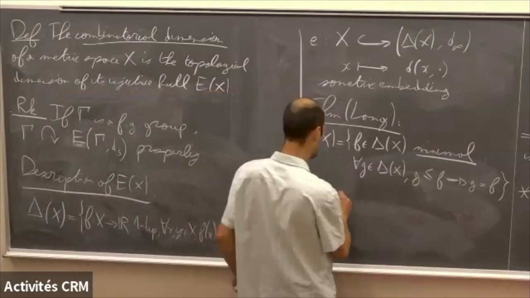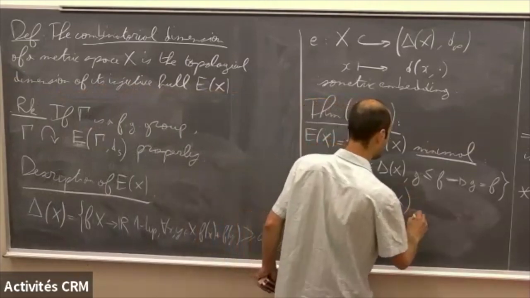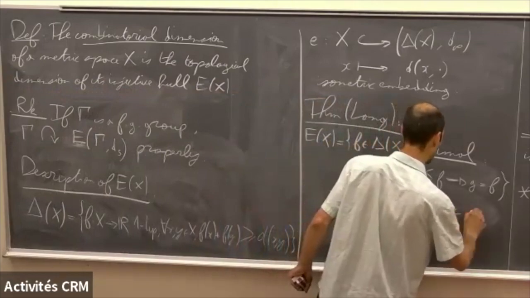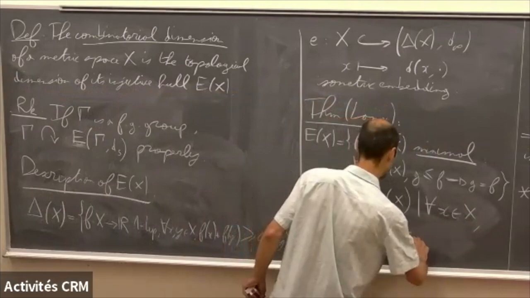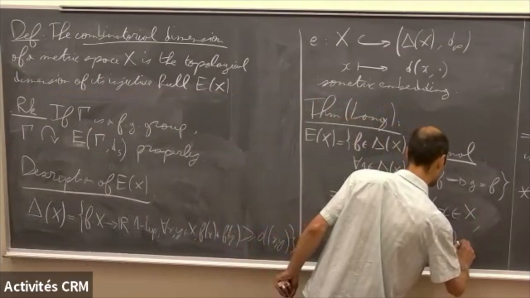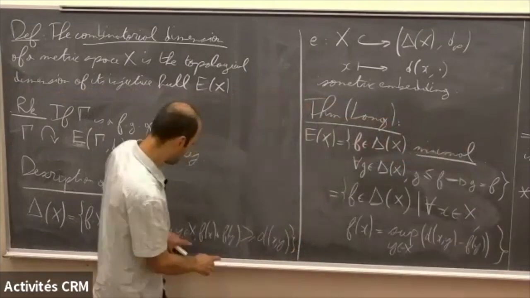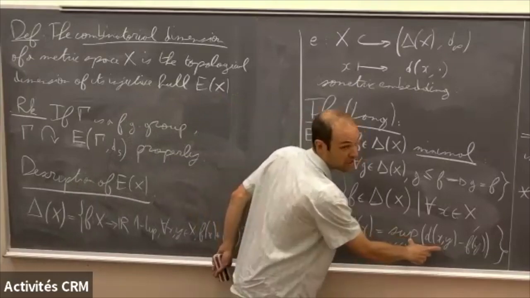And there's an alternative description of these points, the space of all functions such that for all x in X, f(x) is equal to the supremum over all y of d(x,y) minus f(y). By this inequality, you know that f(x) is always larger than this quantity.